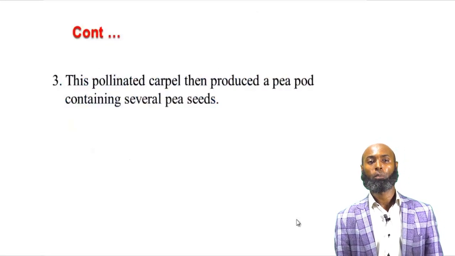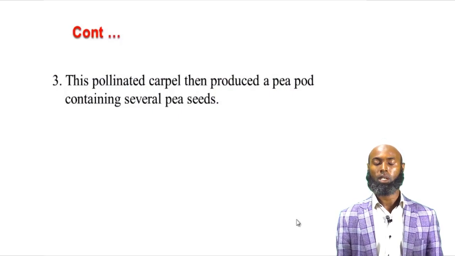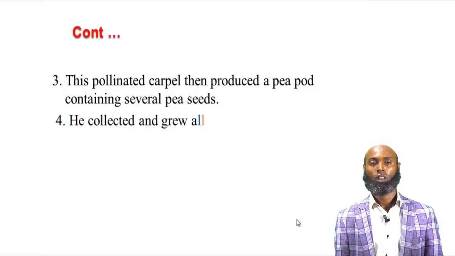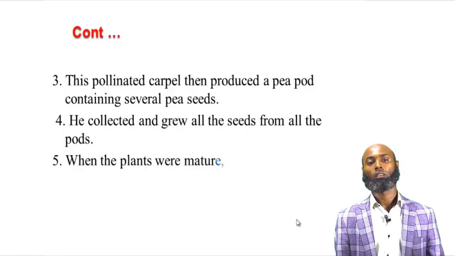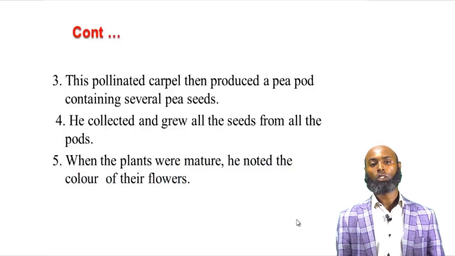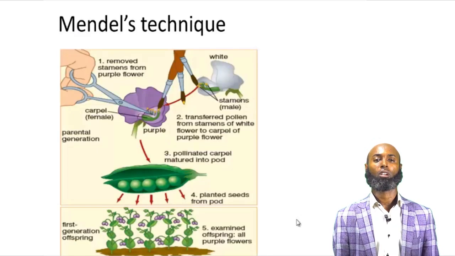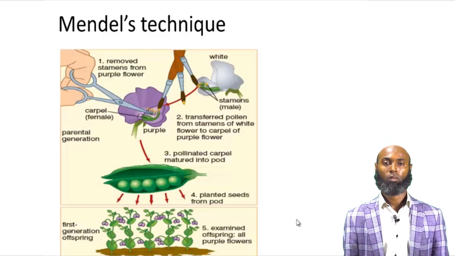And then the pollinated carpel produced a pea pod containing several seeds. Lastly, he collected and grew all seeds from all the pods. And when the plants were mature, he noted the color of their flowers. This is the procedure. This is Mendel's technique.